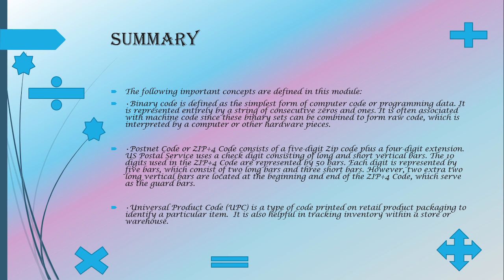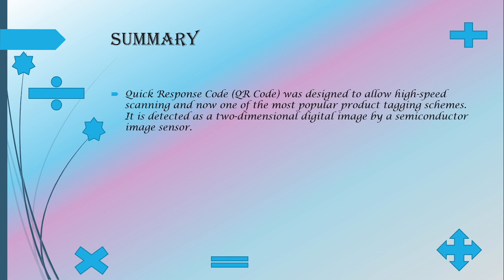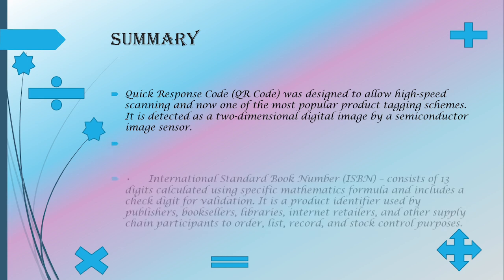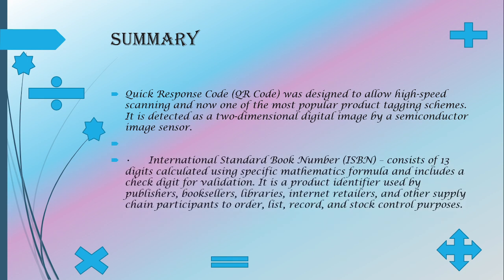The UPC code is a type of code printed on retail product packaging to identify a particular item. It is also helpful in tracking inventory within a store or warehouse. The Quick Response Code was designed to allow high-speed scanning and is now one of the most popular product tagging schemes. It is detected as a two-dimensional digital image by a semiconductor image sensor. And lastly, the ISBN or the International Standard Book Number.